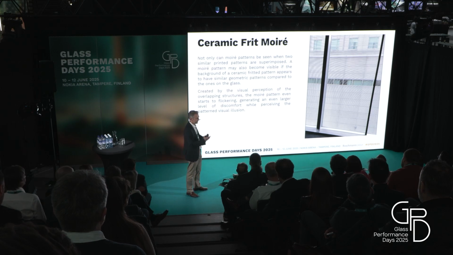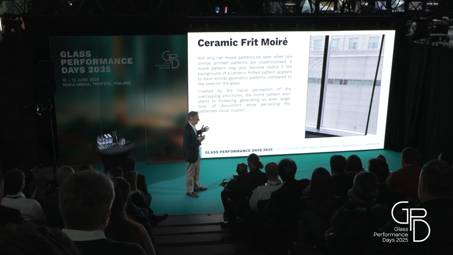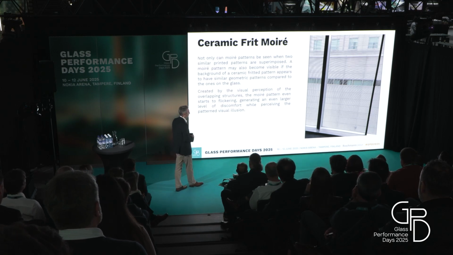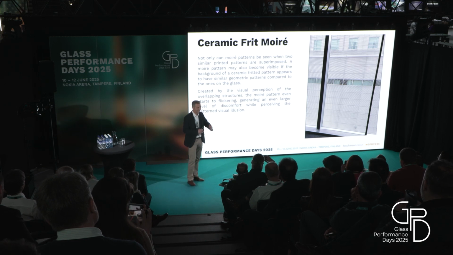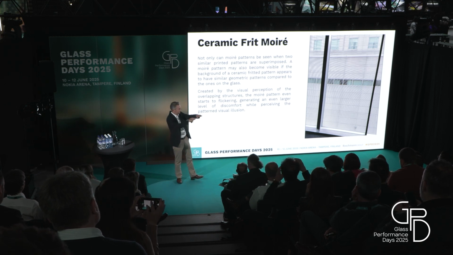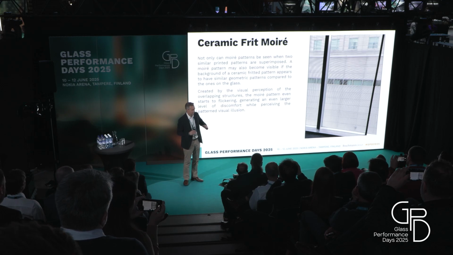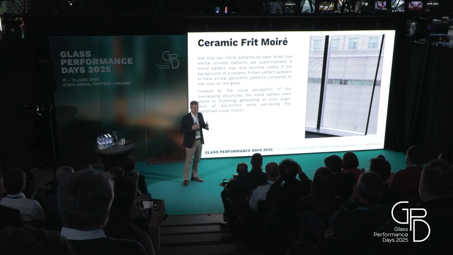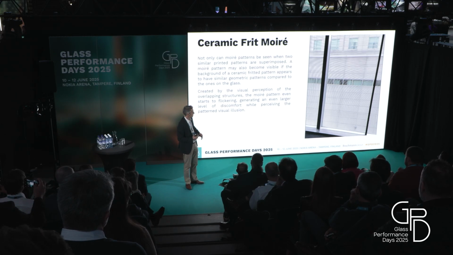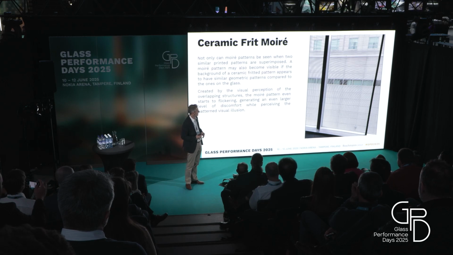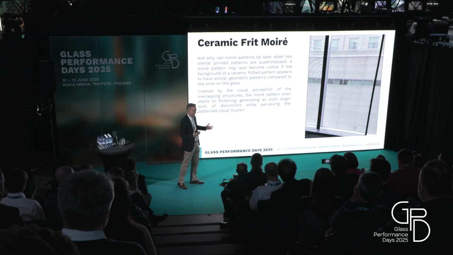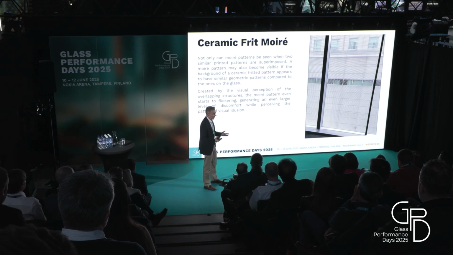So this creates a ceramic frit moiré, where we do have a glass which has horizontal lines printed on that glass. Unfortunately, in the background there is a kind of horizontal line pattern, which creates automatically this kind of moiré effect, which no one wanted.